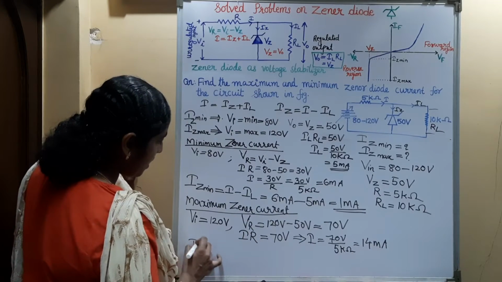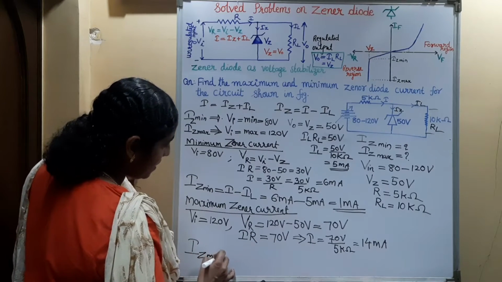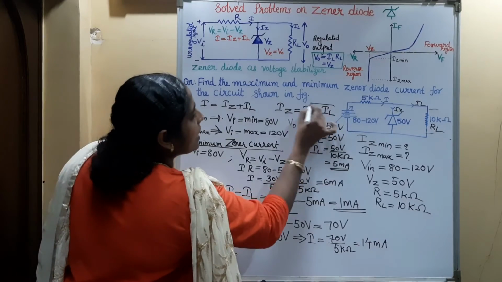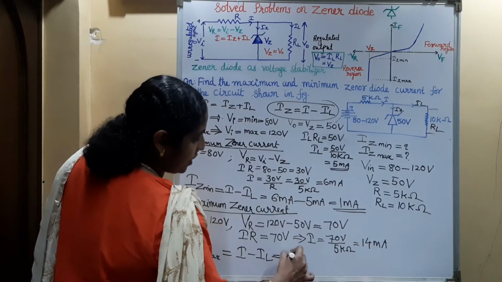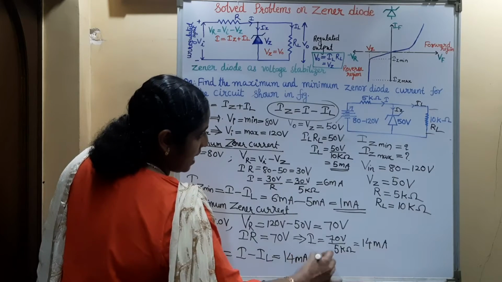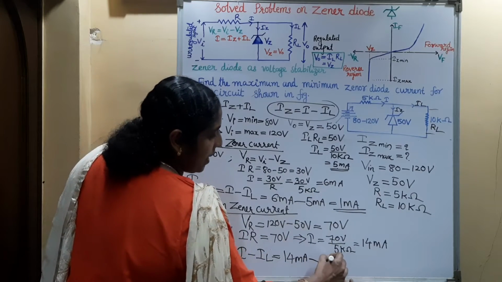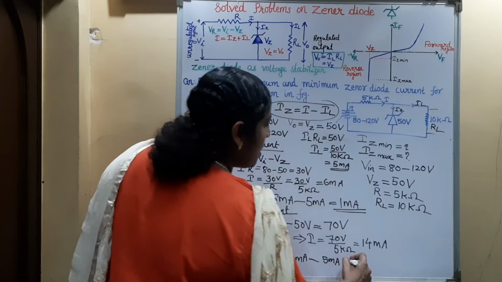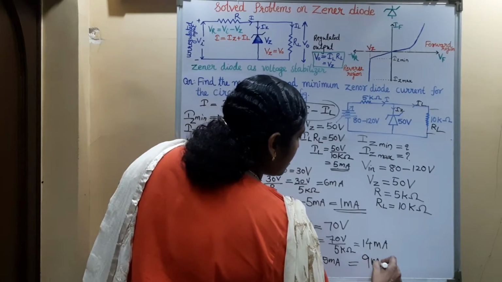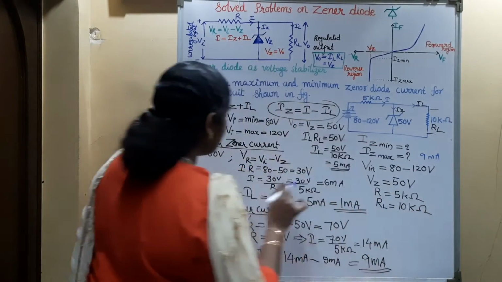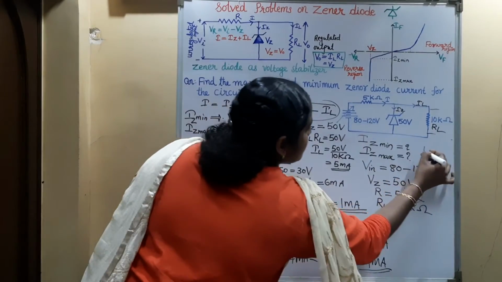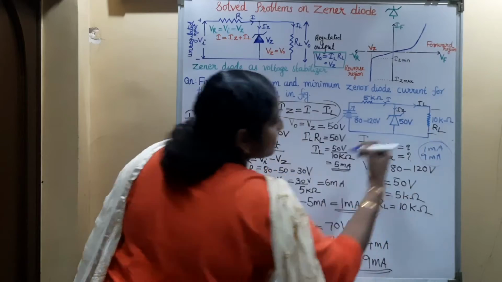So the Zener current maximum is equal to I minus IL, that is 14 milliampere minus 5 milliampere, which is equal to 9 milliampere. So the maximum Zener current is 9 milliampere and the minimum Zener current is 1 milliampere.